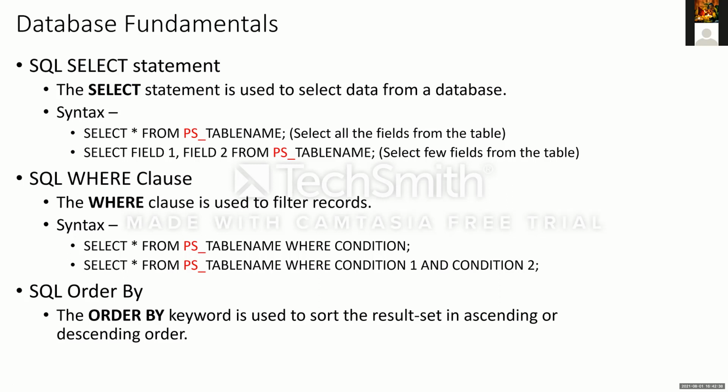There are only certain PeopleSoft setup tables where you will put PS role name like that, which is very rare. We will go through that in PeopleSoft security. But in all other cases, if you want to refer to any table name from the database, not from Application Designer, you have to write select star from PS underscore table name, even if it is a PeopleSoft delivered record or a customized record.